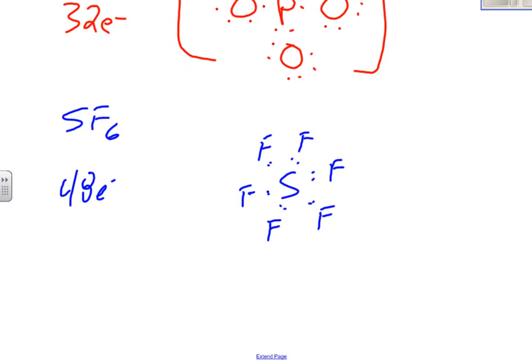So if we've got 8 and there's 6 of them, 6 times 8 is 48. This is why the math teachers told you to know those multiplication things right away. So we know that if we complete the octets of the fluorines, we're going to have no electrons left over. Oops, I think I did one too many there. All right, but we get something like that.